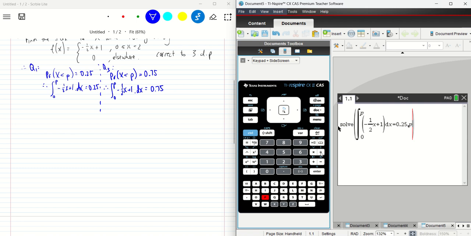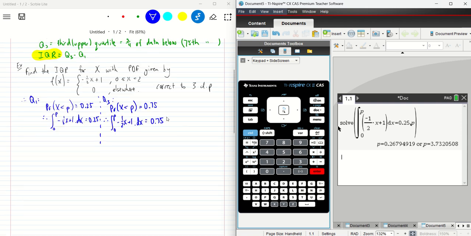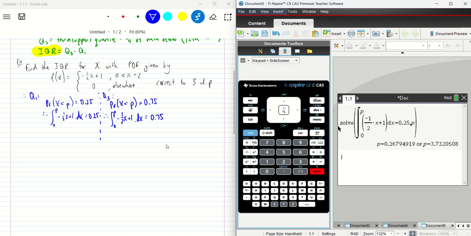We want to solve that for p. It's given me two values of p, 0.26 or 3.7. Which one is it? Well, x is only defined between 0 and 2 for this function, so the value of p must be 0.26, and we want 3 decimal places.